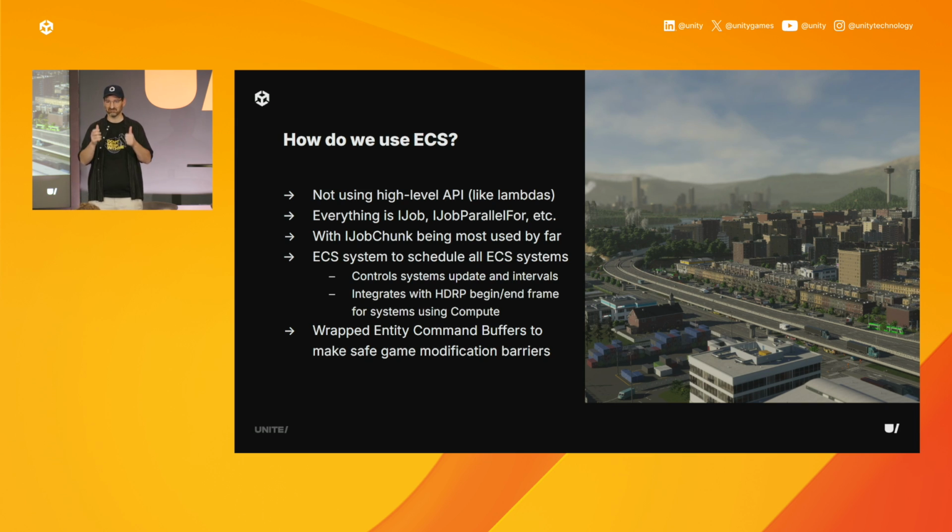And you're like, okay, everything is great, I've finished my job. And then it starts randomly causing crashes. It's very similar to what a race condition would do, except that it doesn't crash, it just does some really weird stuff. We realized this mistake happened too often, so we wrapped the entity command buffer into a safe equivalent, and we create barriers between each modification.